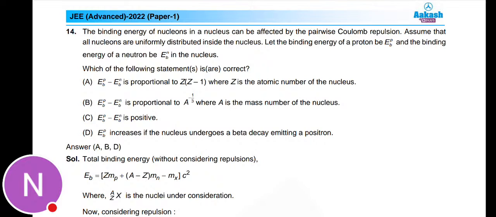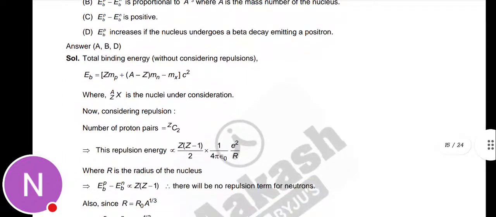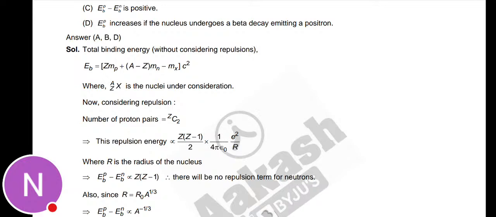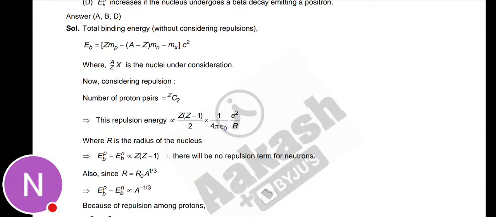Or option C, EBP minus EBN is positive. Or option D, EBP increases if the nucleus undergoes beta decay emitting a positron. Now, the total binding energy without considering repulsion, that is EB, is equal to ZMP plus (A minus Z)MN minus MX into C square, the formula we use for finding the binding energy, where A, Z, X is the nucleus under consideration.